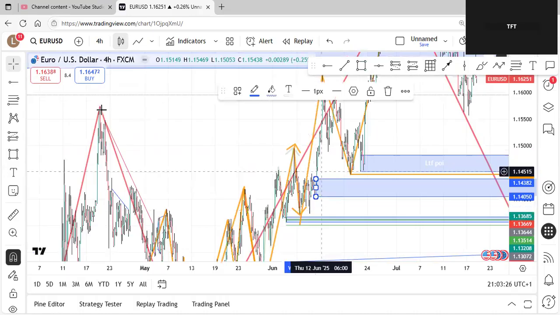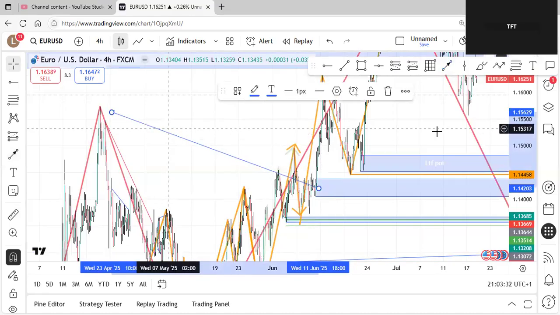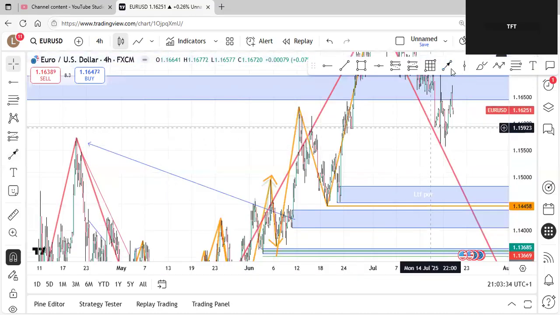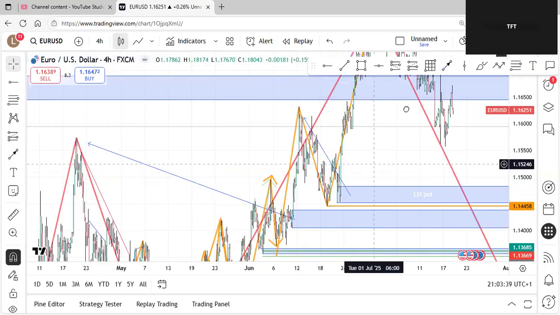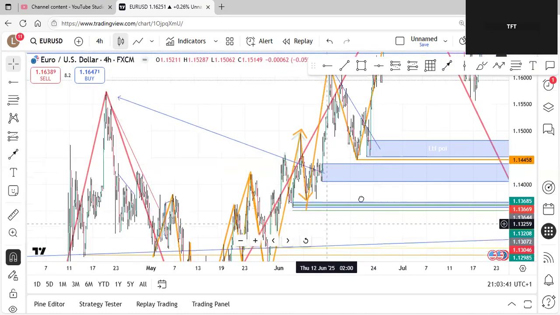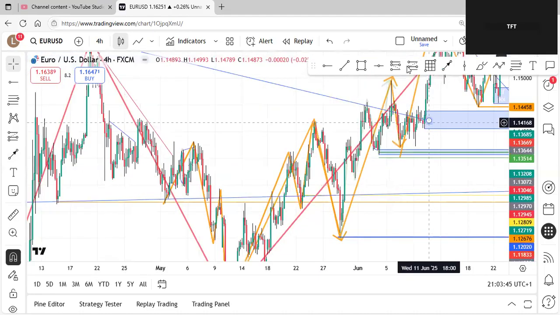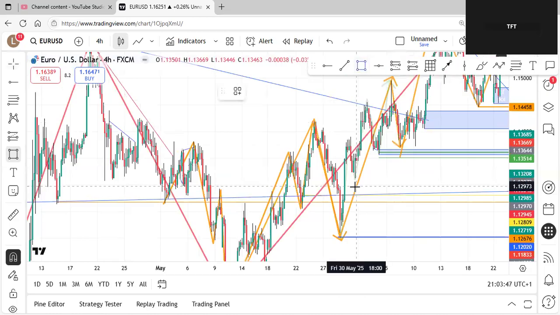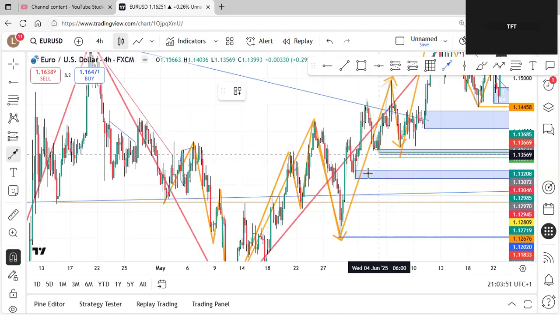That one could be responsible for this high being taken. That one's high, responsible for that one being taken. There's something there that's responsible for this one being taken.